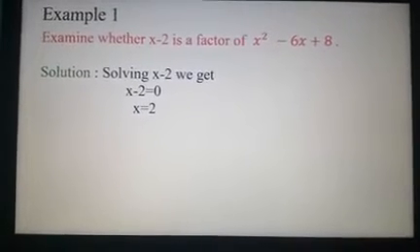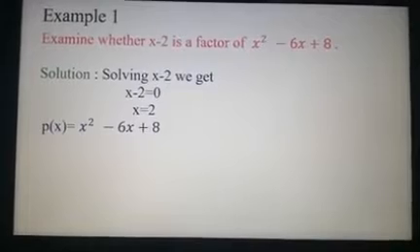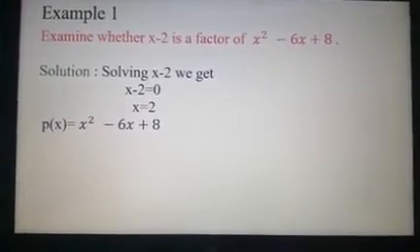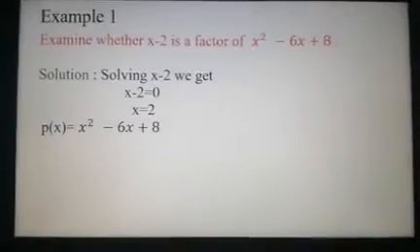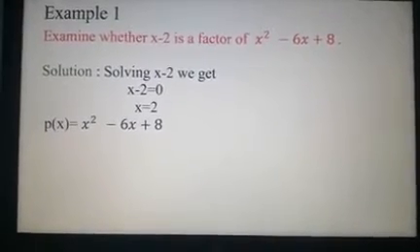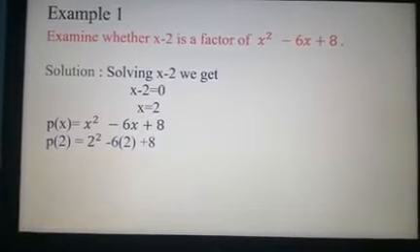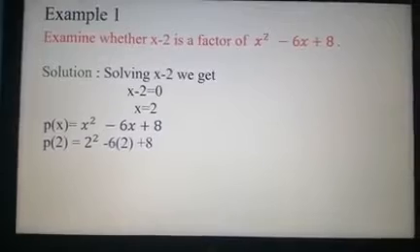So now let me substitute this value in p of x. Given p of x is x square minus 6x plus 8, right? So let me substitute the value of x as 2 in this polynomial. So p of 2 is equal to 2 square minus 6 into 2 plus 8.